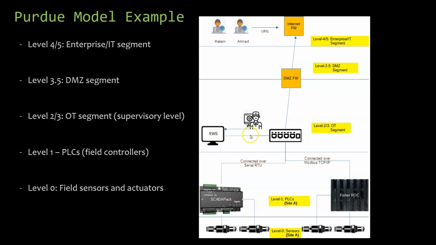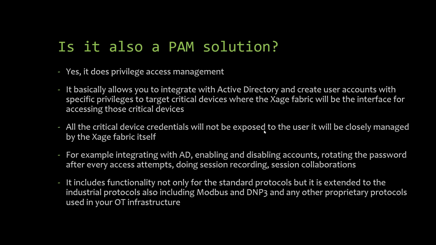The connection is handled on the Xage fabric itself through a reverse proxy, so you are not having full access to the critical infrastructure at all, and you are not aware of what credential is being used to access this infrastructure component. So you are not exposed to the credentials. So it's a PAM solution.